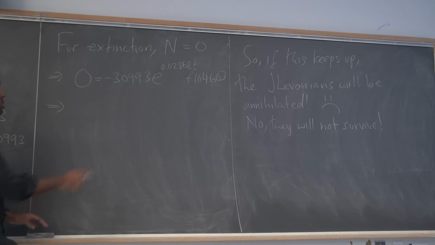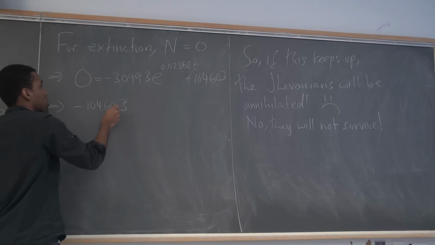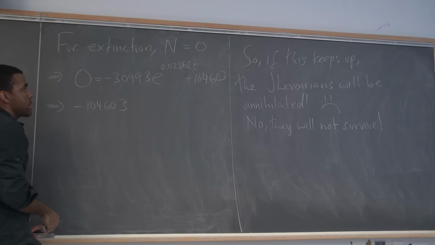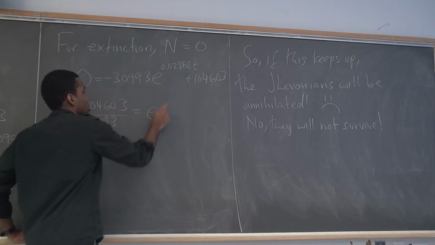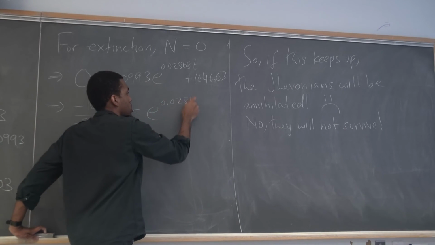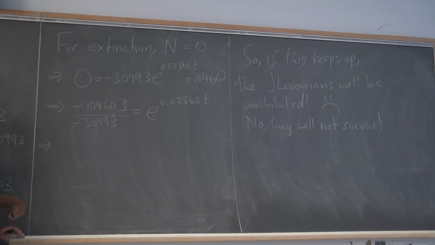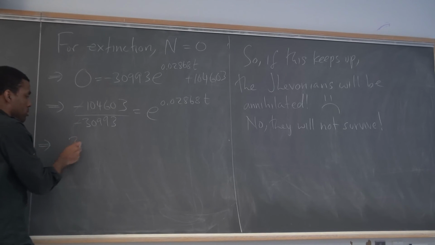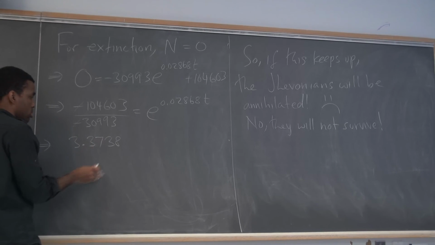Subtract 100,000. Subtract the 104. Then what would you do? Divide by negative. Divide by this guy. And what's this? 104. And divide by that. 3.3738. Actually 3.3750.